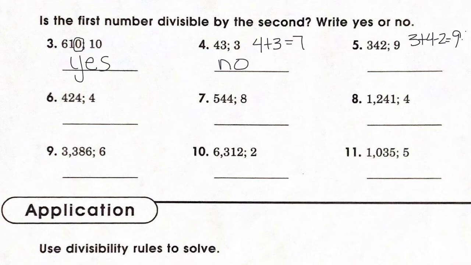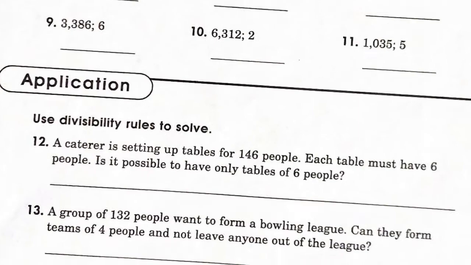And 9 divided by 9 equals, I'm running out of room. So this is a yes. So that's what I'm asking you guys to do: write some kind of notes up here, and then write yes or no. All right. So you'll finish those right there.